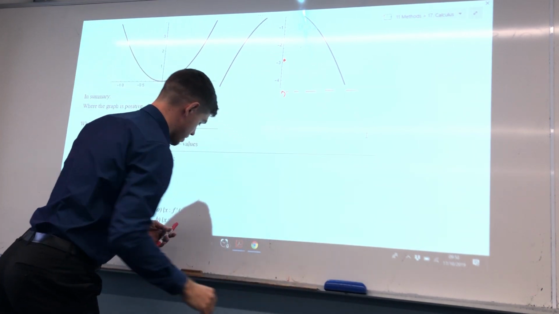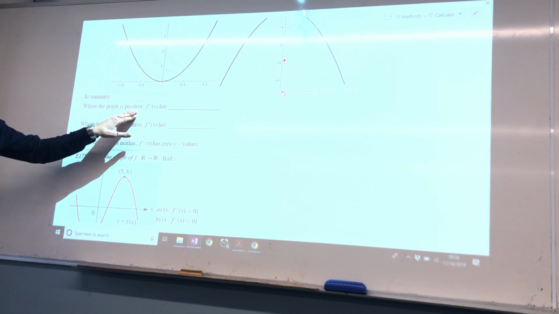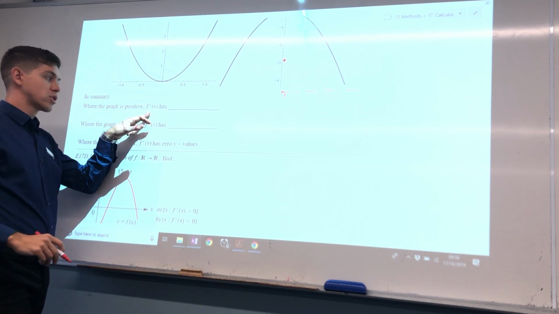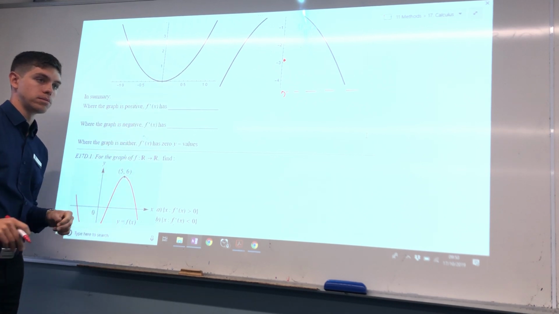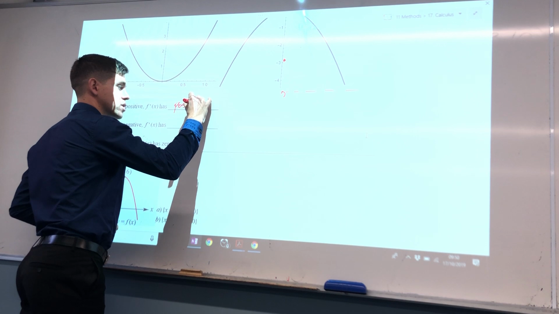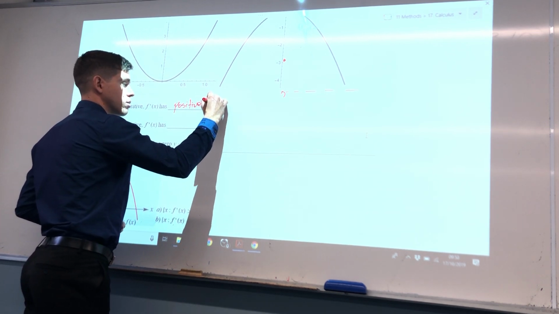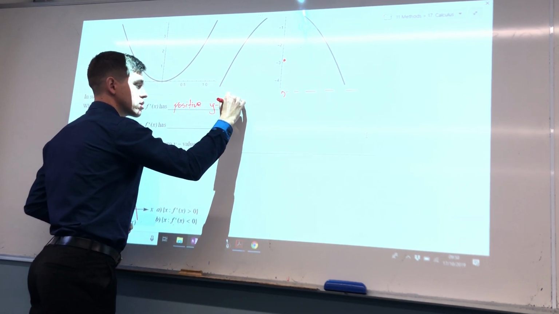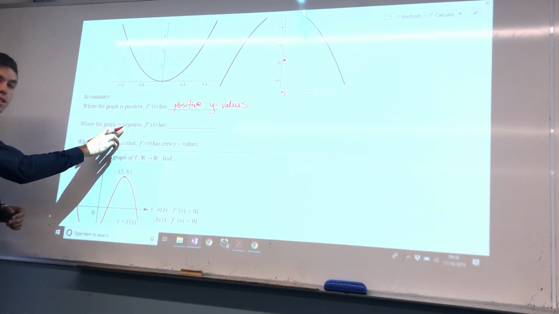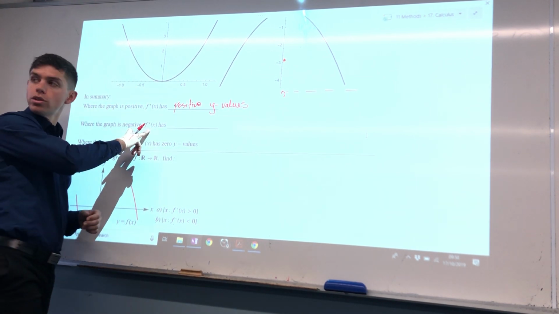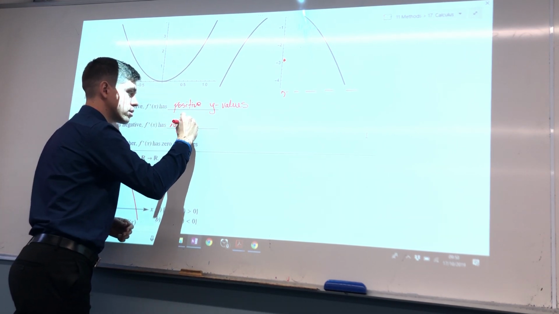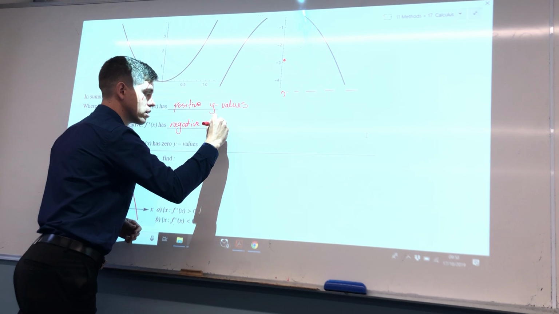So, in summary, where the graph of f of x is positive, its gradient has positive y values. Where the graph is negative, the gradient function has negative y values.